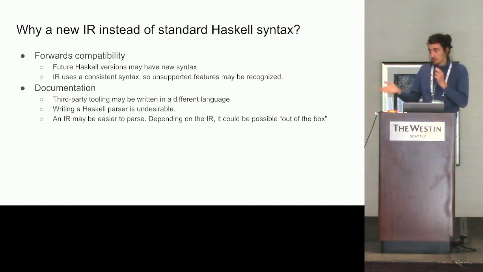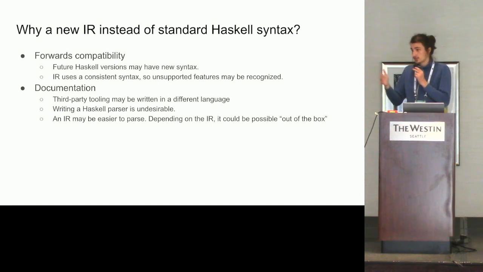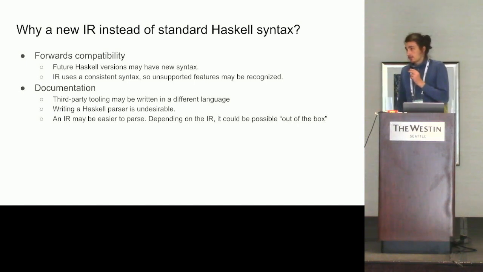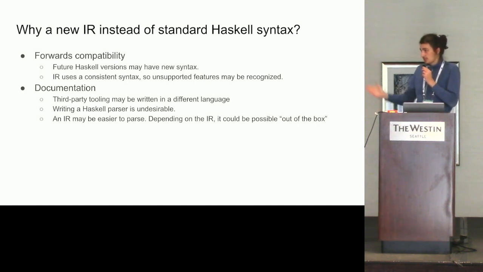However, with an intermediate representation, you could enforce a consistent syntax, allowing the parser to at least parse the project, and of course, some parts would nonetheless have the new bits of syntax, new features which are unsupported by the current version of Haddock.